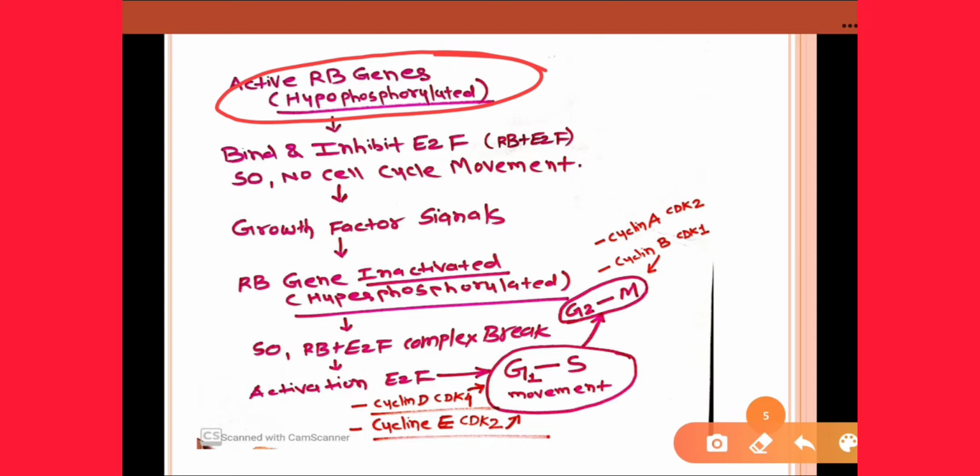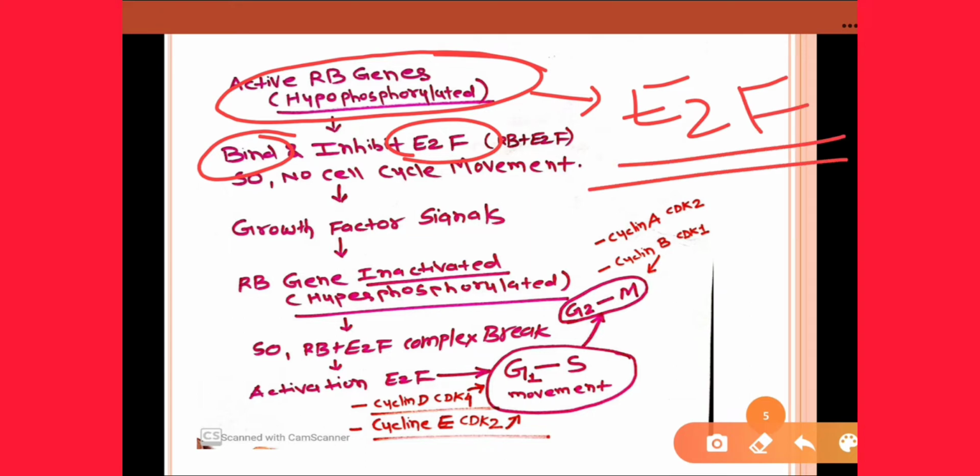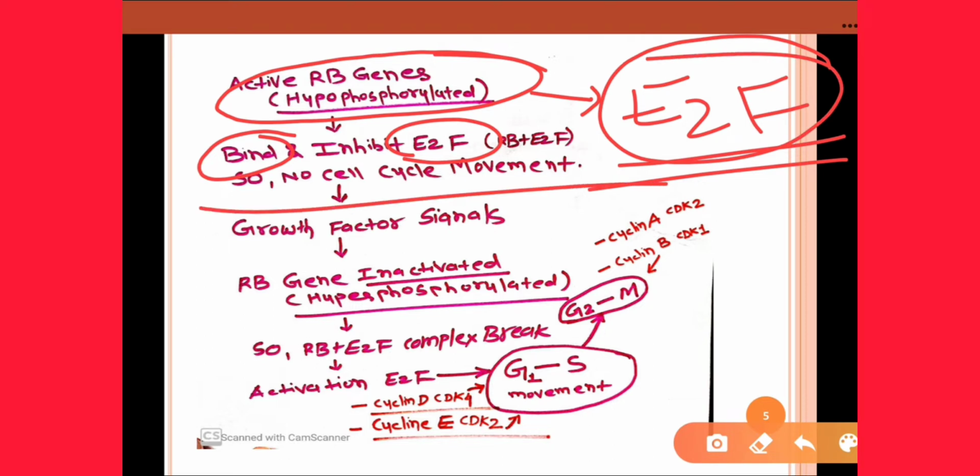In the active state it is hypophosphorylated. It will bind and inhibit the E2F gene. This RB gene will inhibit E2F, which is responsible for transcription, right? So it will inhibit E2F, so no transcription will happen and there will be no cell cycle movement normally.